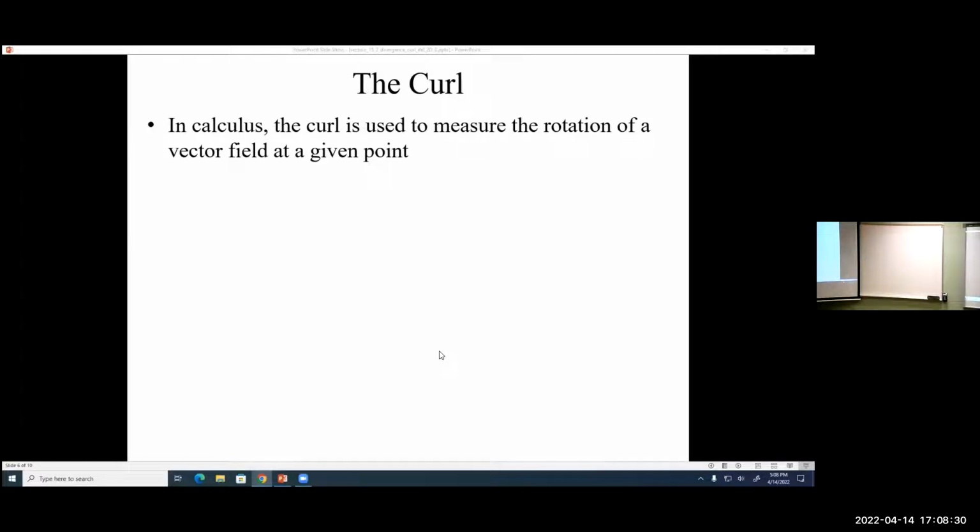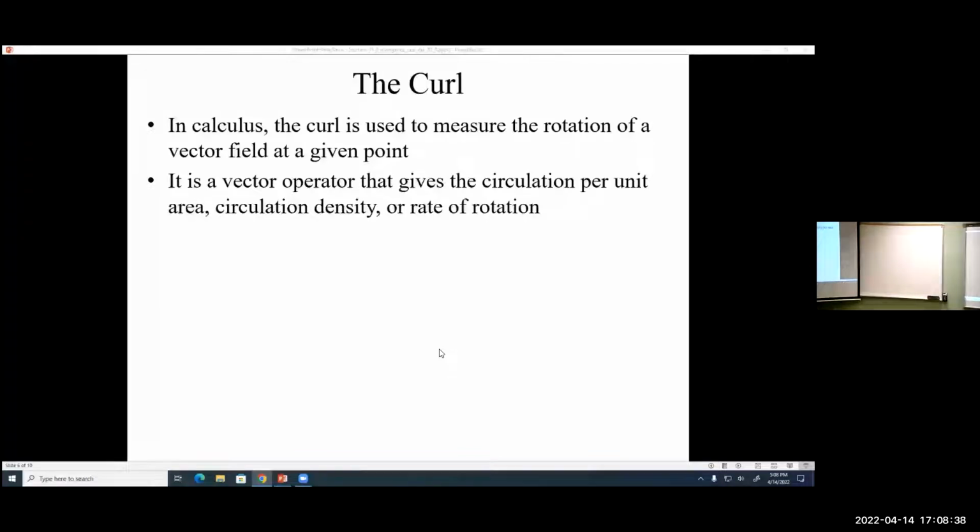And what we can do is add up the curl at all the points to get the circulation of the vector field. So the curl is actually a vector that gives what we call the circulation density, or the rate of circulation. Again, you add that up, you get the total circulation because we're accumulating rate.